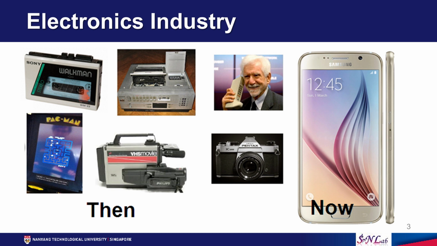If I had to shoot video, I needed a video camera with a magnetic tape, and to play video, I needed a video player. For games, we had separate gaming devices, or we used personal computers to play games.